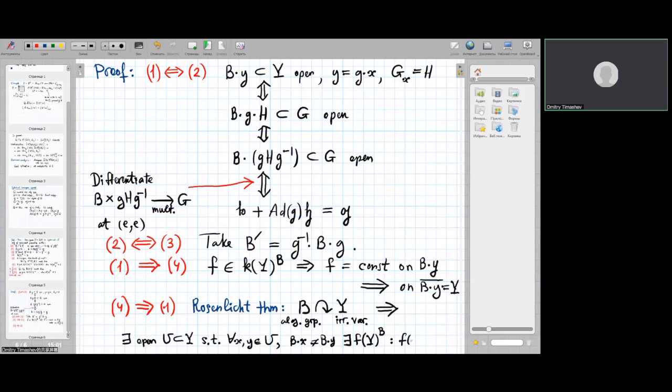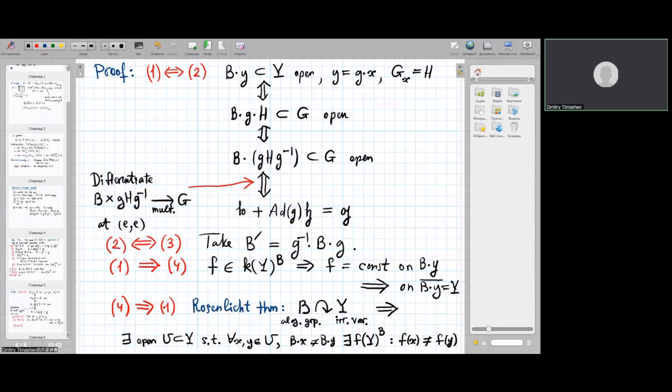So this means that it takes different values at X and at Y. So briefly speaking, the Rosenlicht theorem says that general orbits are separated by rational invariant functions. Orbits of general position or orbits in an open subset are separated by invariant rational functions. This is the Rosenlicht theorem.